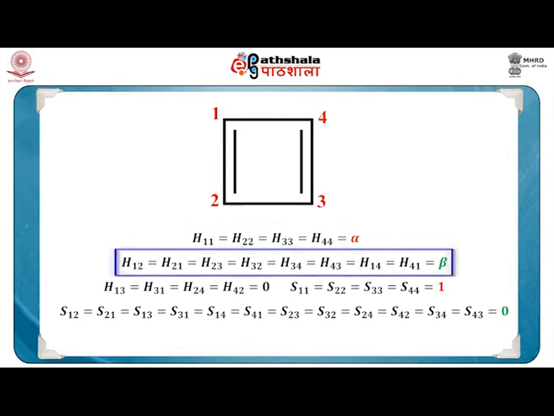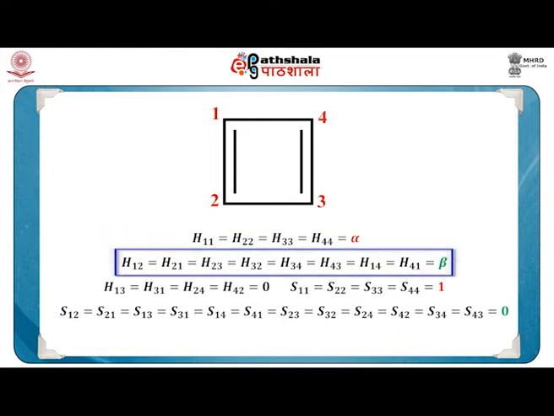Similarly, H12, H21, H23 and so on, all those which are directly connected to each other, as you can see from the diagram, will be taken individually to be equal to beta.